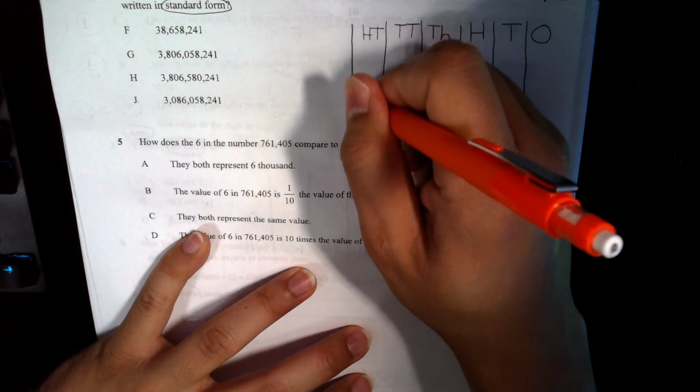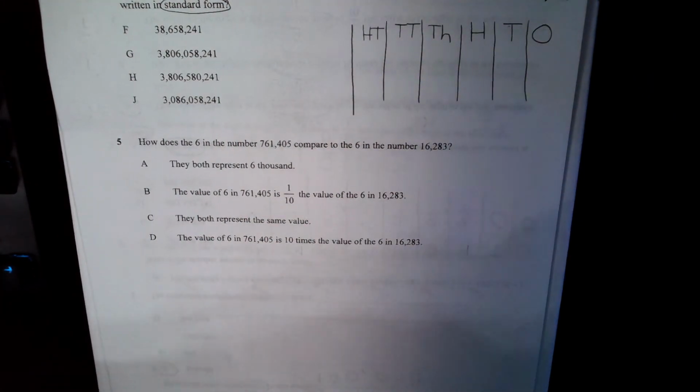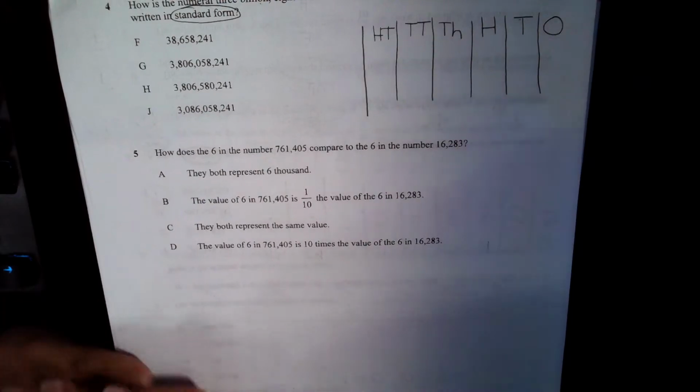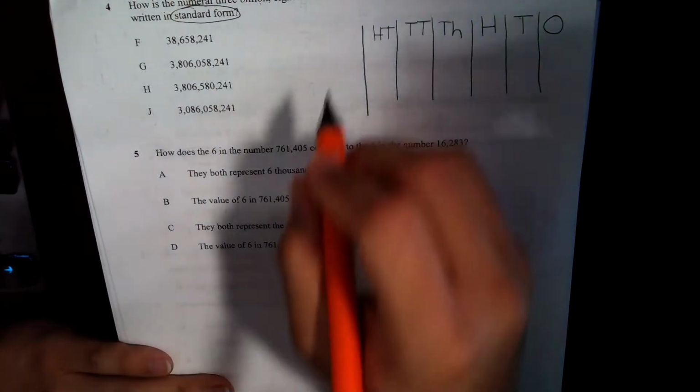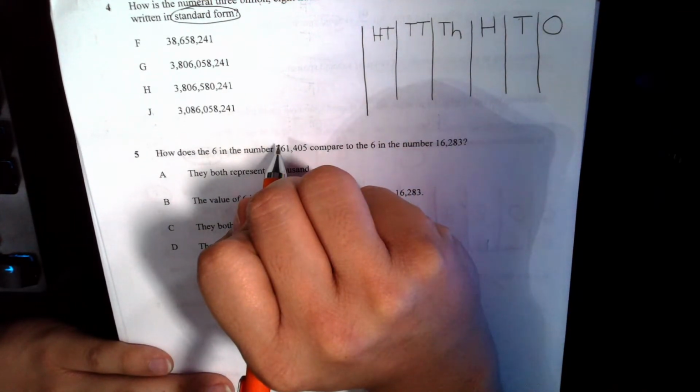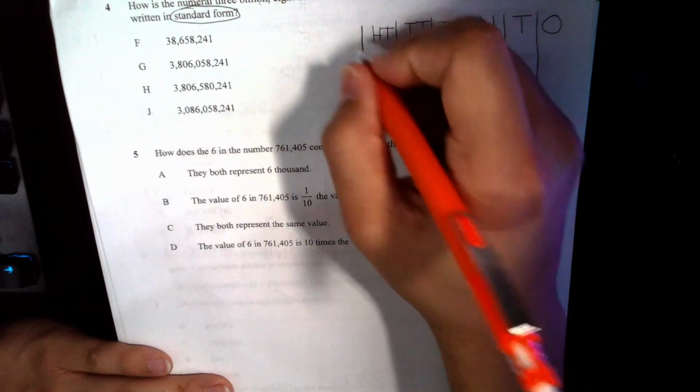Which group of place values comes next? Brianna, what place values would come next? Million, and then what's the next one?